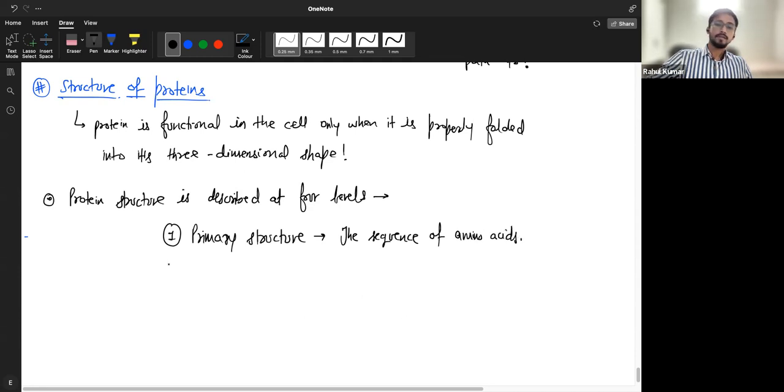Okay. And what does this provide you? What information does a linear structure give? It just gives the positional information of every amino acid in a protein.